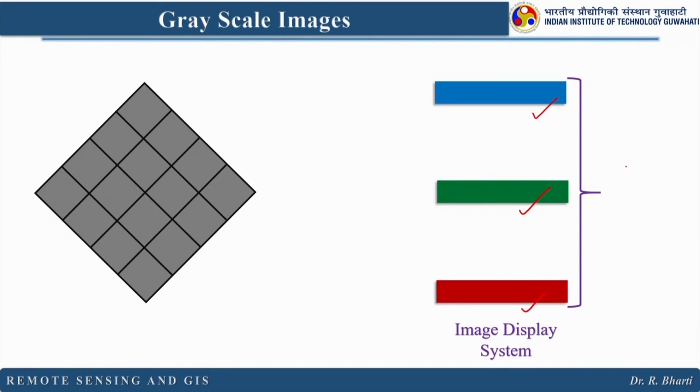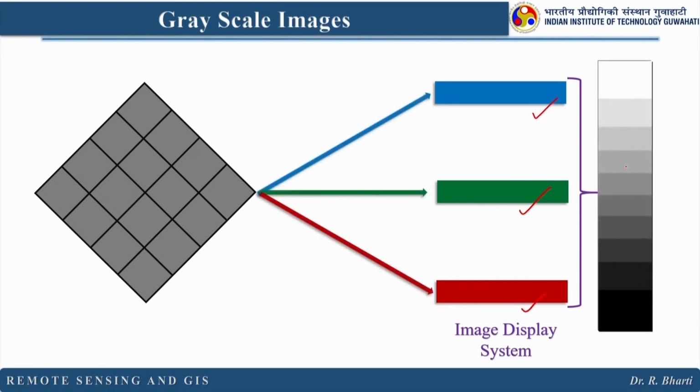Now the next is gray scale images. So how do we represent? Because if you remember that we have these three color guns available in our system, right? But how do we represent our image into black and white? So what we do, we will assign the same matrix or the same image in blue, green and red.